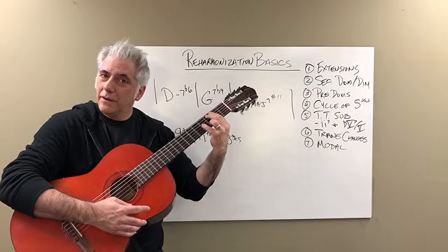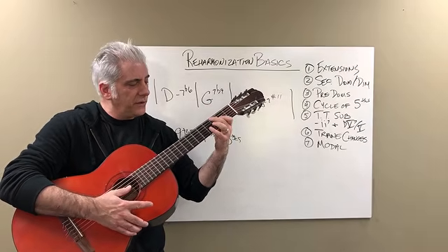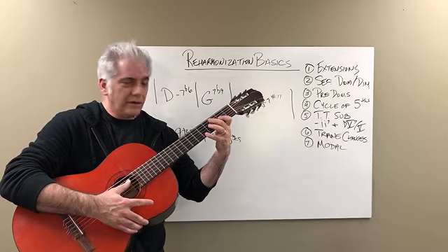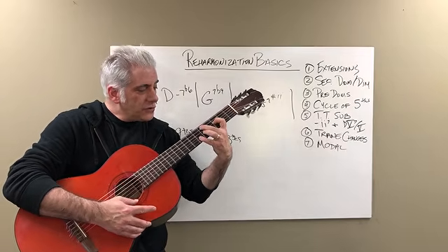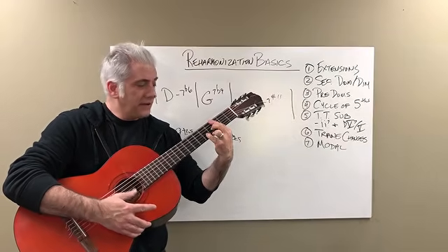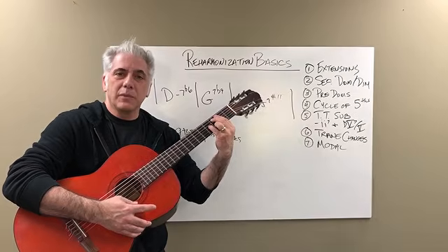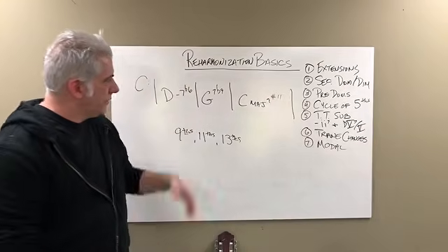I put the 9th in there too, or the 13 in there as well, but I'll make it more obvious there. So there's your 2, flat 6 on the top, flat 9 on the top, and then sharp 11 on the top. Okay, so that's a reharmonization using upper extensions.